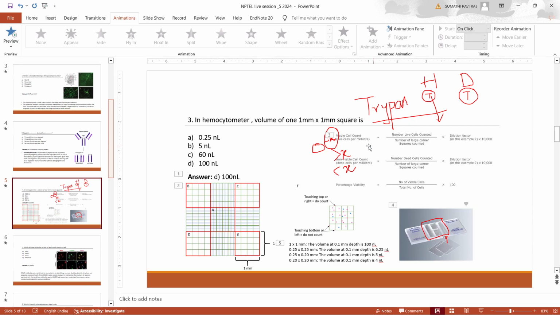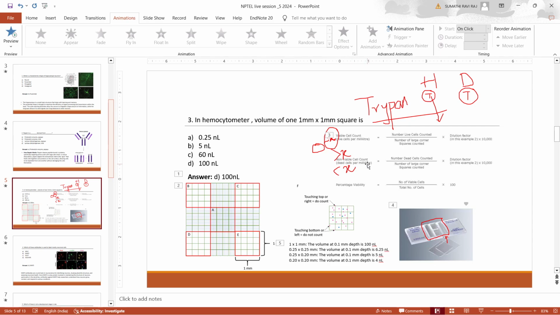So a viable cell and non-viable cell count is important. You have to calculate it per milliliter, and the formula for that is number of live cells by number of large squares counted. It's usually 5 large squares, and your dilution factor usually 2, because if you take 100 microliter of your cell suspension, you will take 100 microliter of your trypan blue, and you'll multiply it with 10,000.